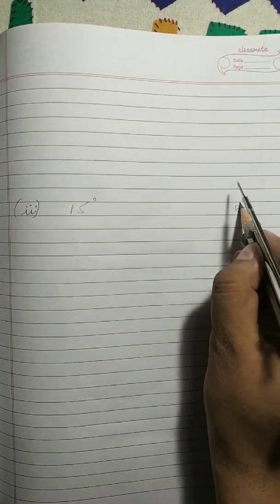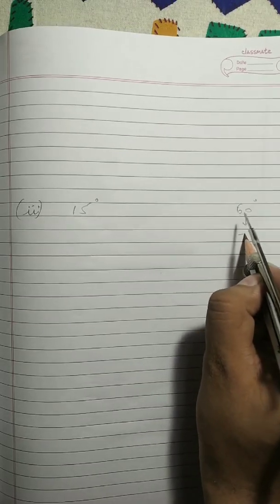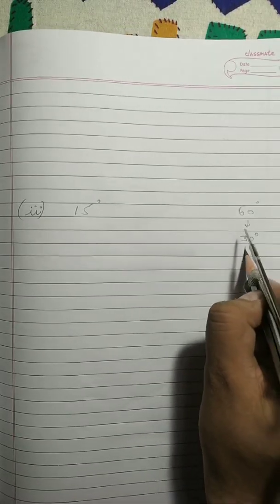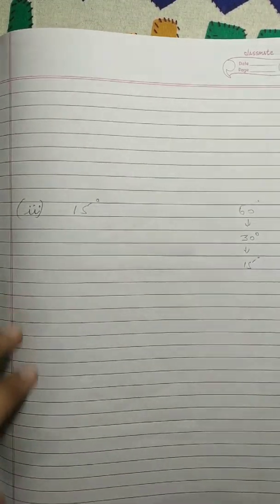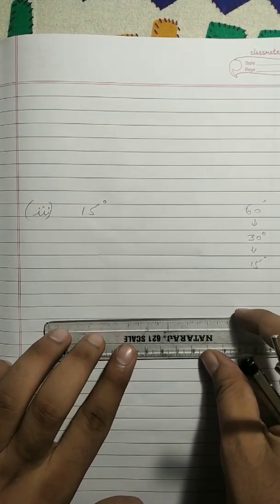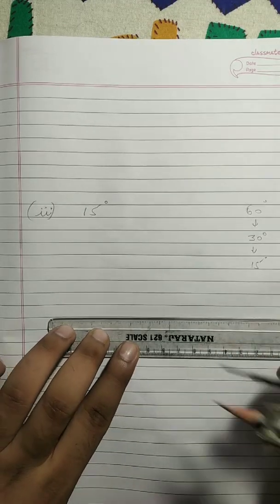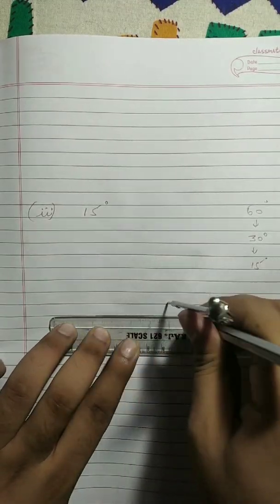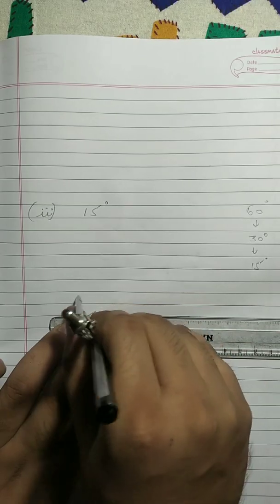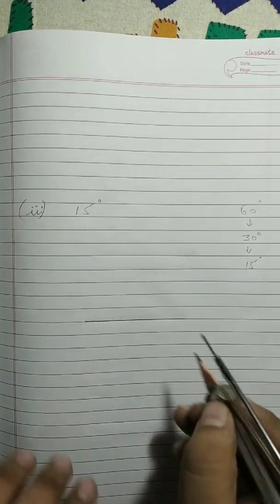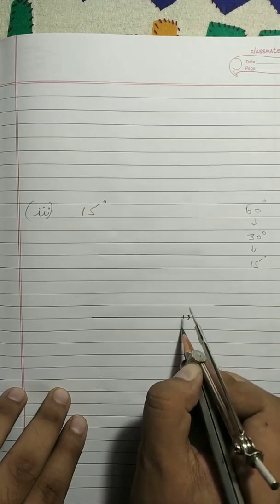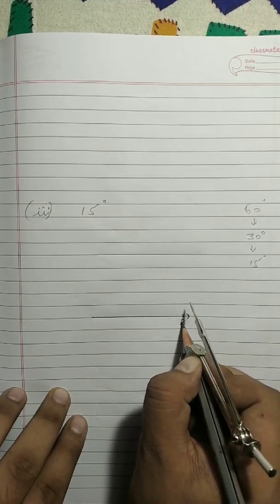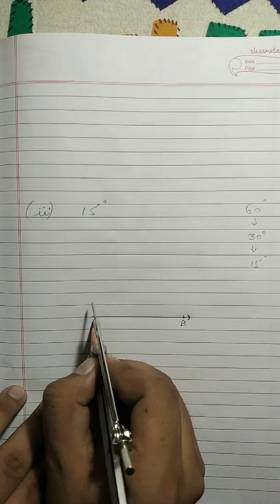So the procedure says 60 degree, then half of this 30 degree, then half of this 15 degree. So make 60 first. Make a ray. So here we have the arrow, it is point B, and here we have point A.